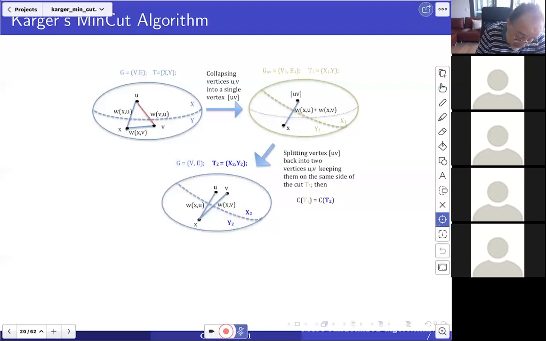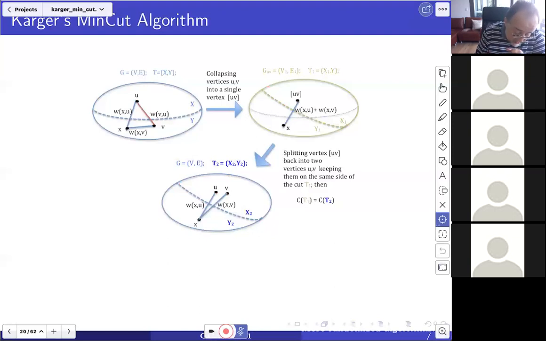Then you see the capacity of this cut in the collapsed graph is exactly the same as the capacity of this produced cut in the original graph.